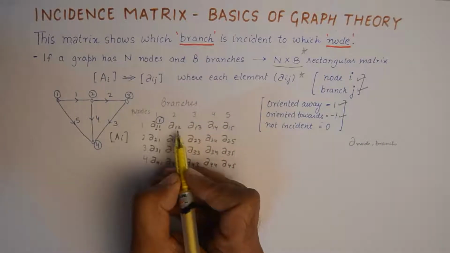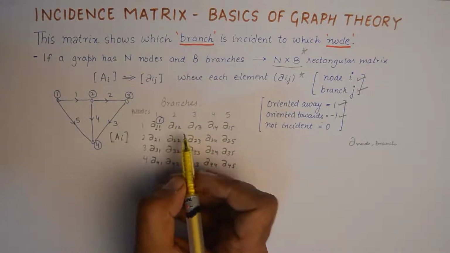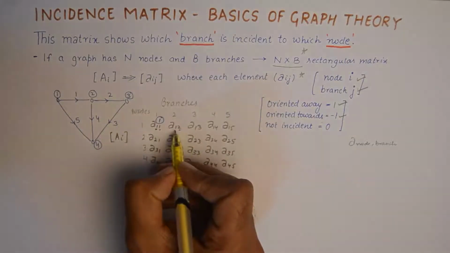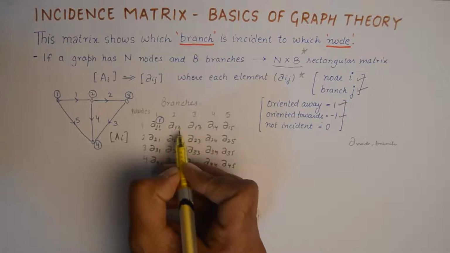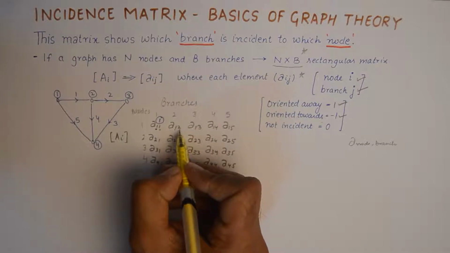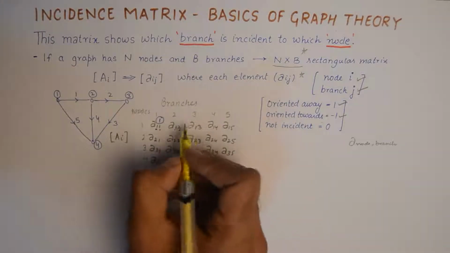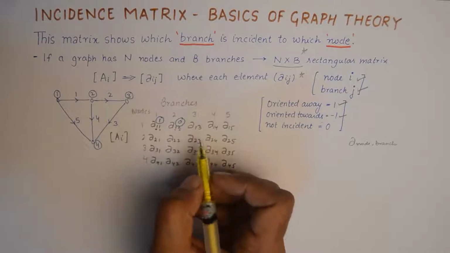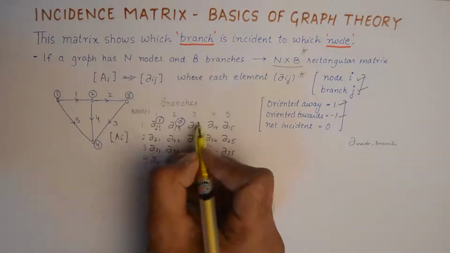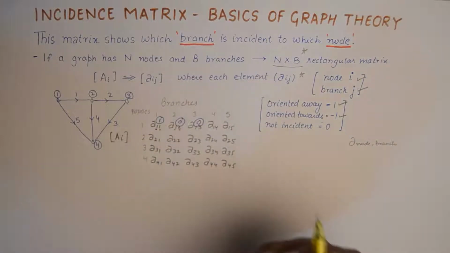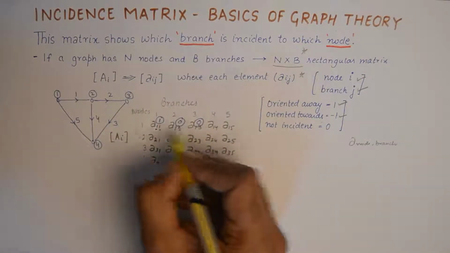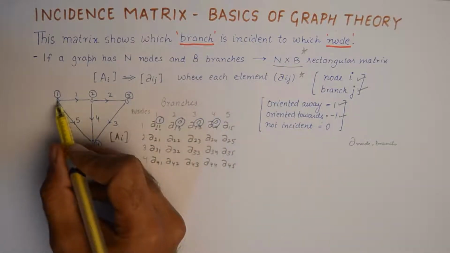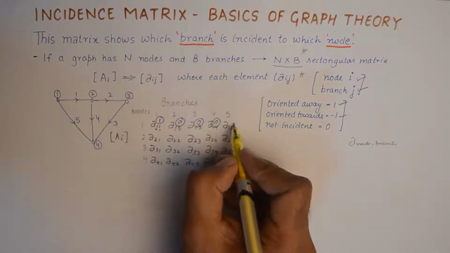Now let's talk about a_12. So 1 represents the node, 2 represents the branch. Is branch 2 connected to node 1? No. So we'll put a 0 here. a_13, branch 3 is also not connected to node 1, so we'll put a 0 here. Branch 4 is also not connected to node 1, so we'll put a 0 here. And branch 5 of course is connected to node 1 and it is moving away, so we'll put a 1 here.